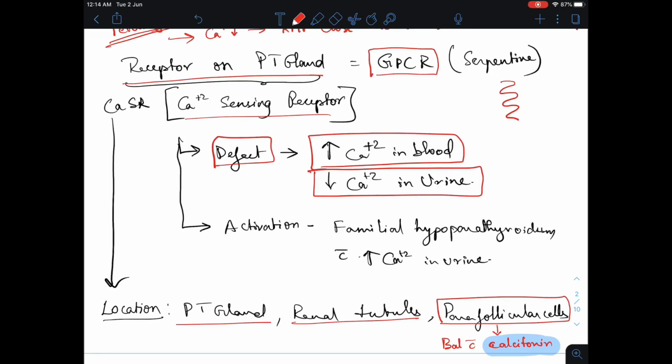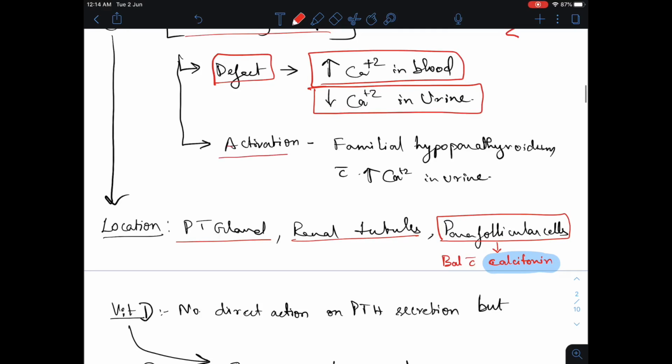Now if there is an activation of this receptor, this leads to familial hypoparathyroidism with hypercalciuria. Okay, this is called FHH.